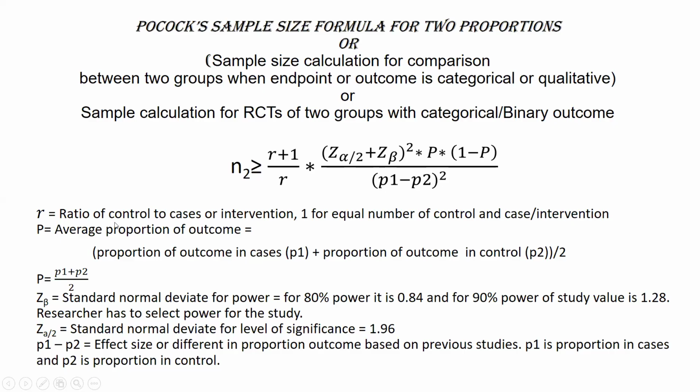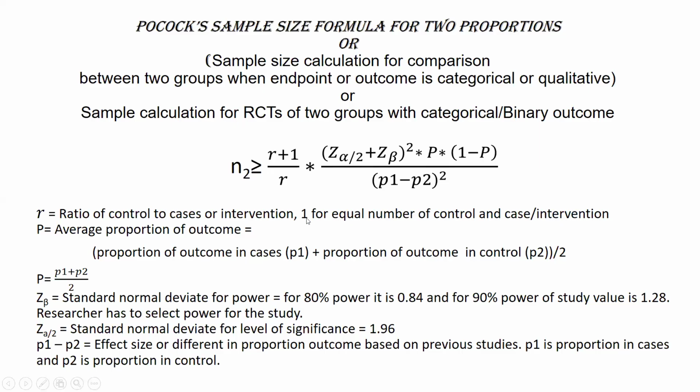So what is P1? And what is R? Please see here: R is the ratio of control to cases or interventions. Control group is N2, so R is N2 divided by N1. And generally we take equal numbers of control and cases, so N2 is equal to N1, and N2 divided by N1 comes to 1.